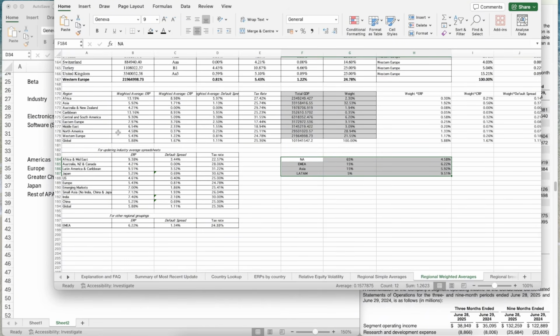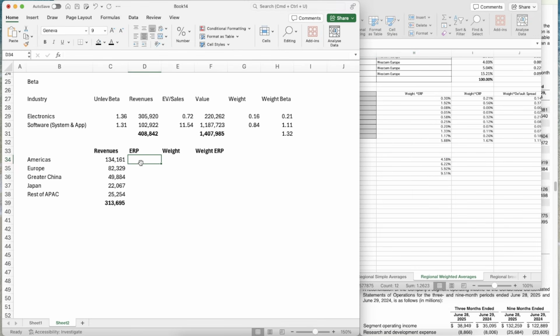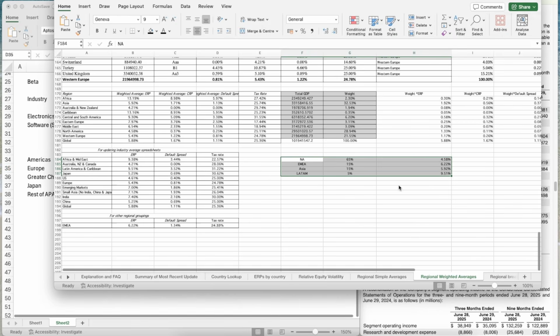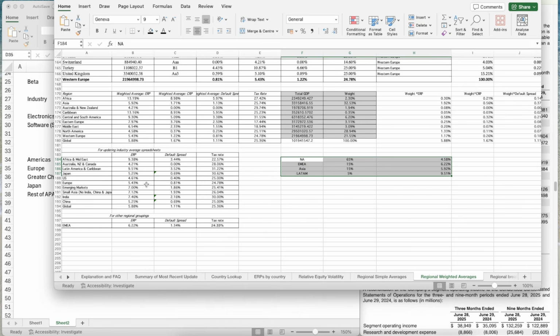Let's go North America to Central and South America. For Americas, we'll use this 4.58% because the majority of those revenues are going to be coming from the US and Canada. Then Europe, 5.43%.